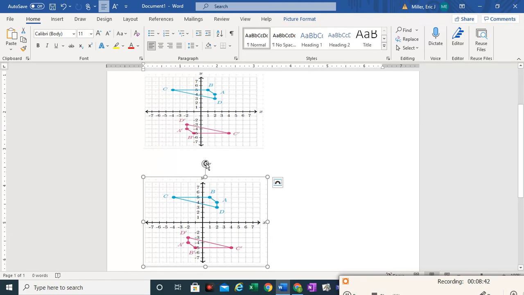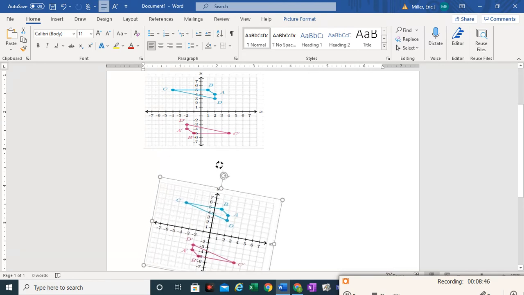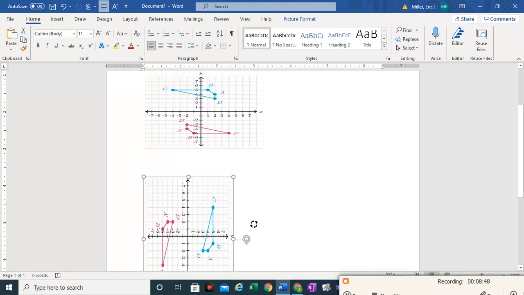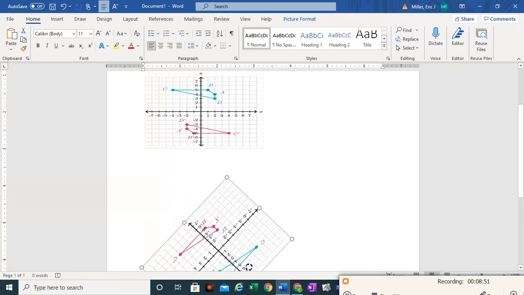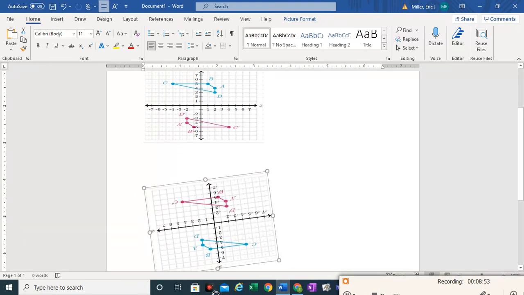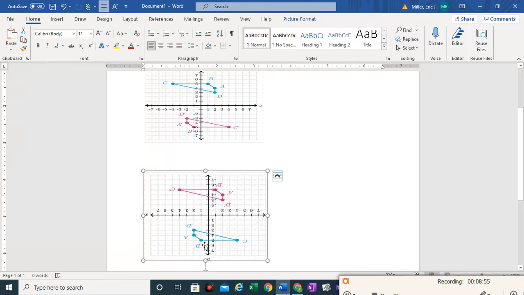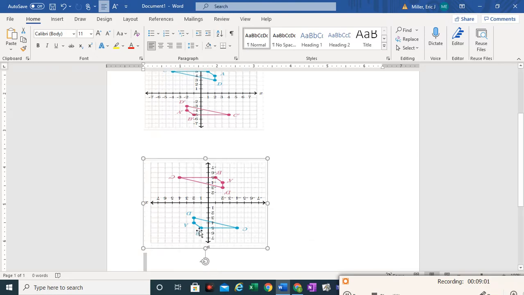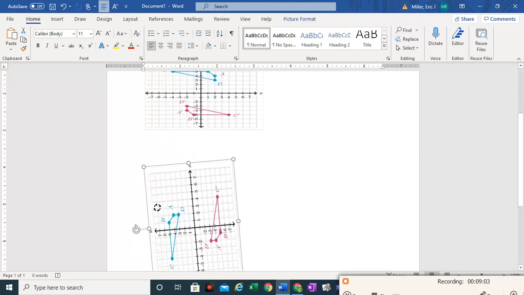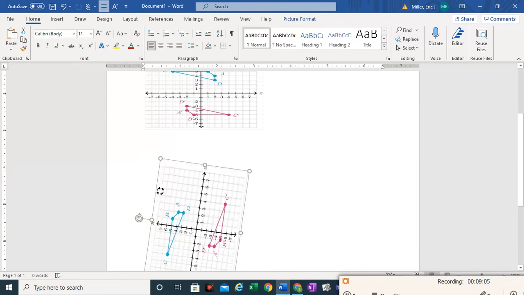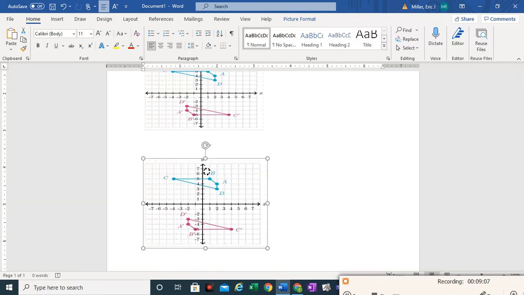And we want the blue to end up where this is. So there's a 90 degree clockwise. There's 180. And this match now. There would be 270. That doesn't match. And that would be 360.